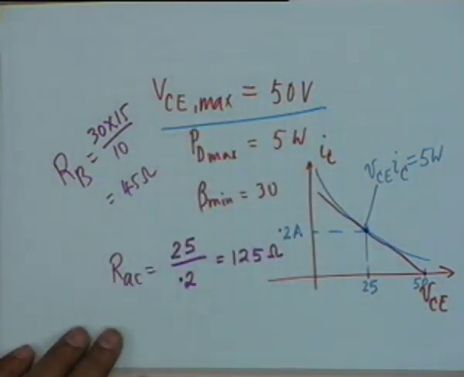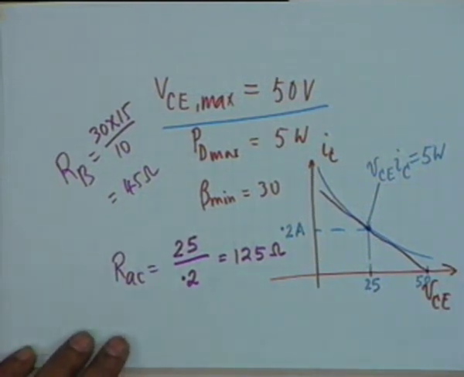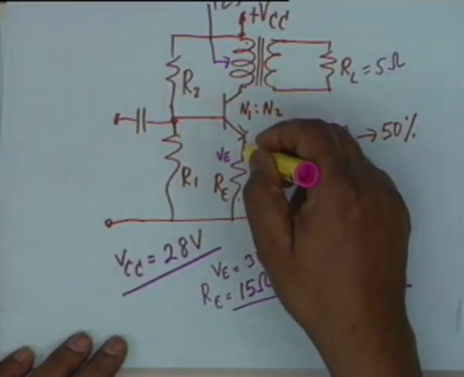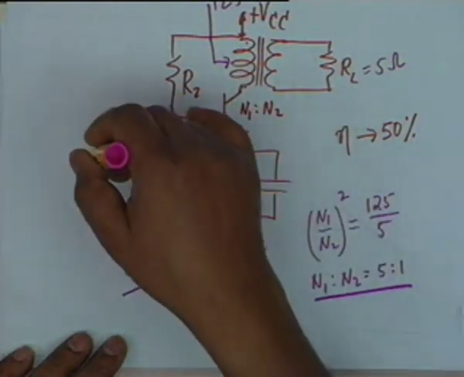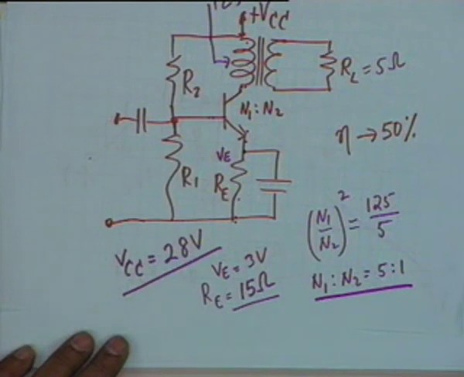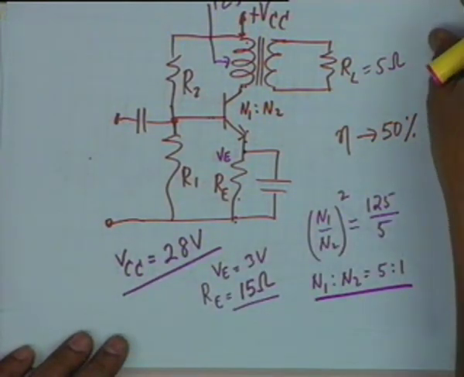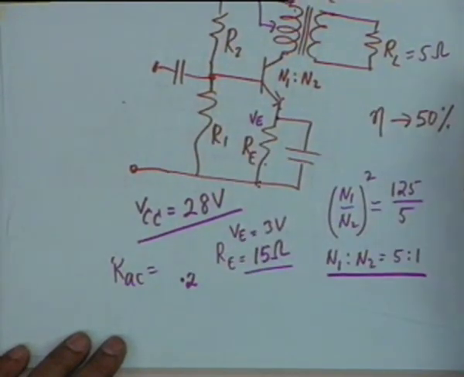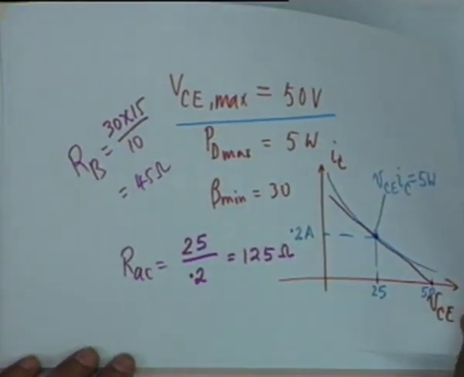All right, and you can calculate VBB from the requirement that VBE is 0.7, this voltage is 0.7, this is 3 volt, so this is 3.7. All right, VBB minus 3.7 shall be equal to IB times RB, from which you can determine RB, and therefore you can determine both R1 and R2. This calculation is routine and I shall not carry this out.